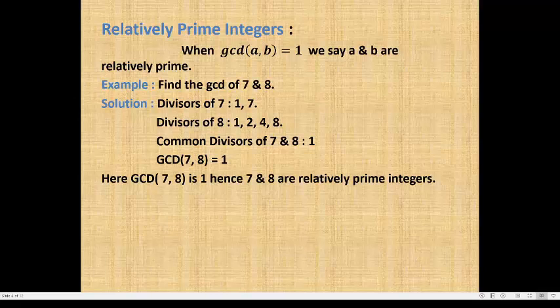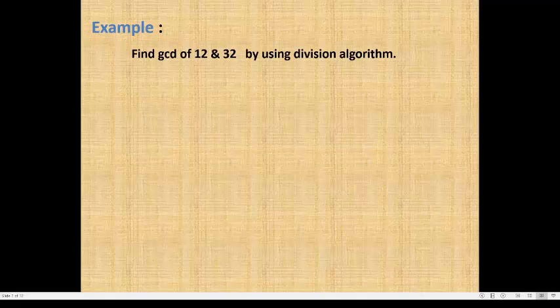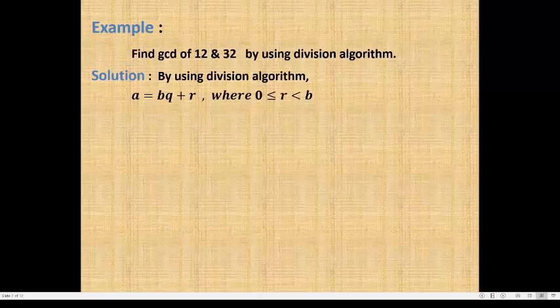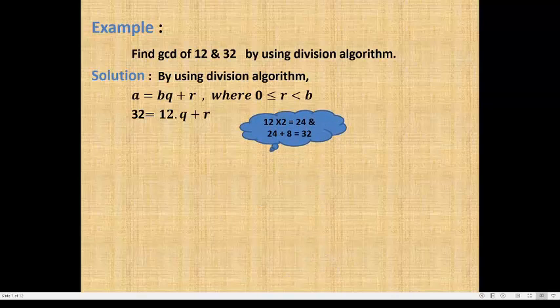Okay. Next we see some examples. Find GCD of 12 and 32 by using division algorithm. Solution: by using division algorithm, a equals b times q plus r, where 0 less than or equal to r less than b. So substitute the values here. So we get 32 equals 12 into q plus r. So 12 2s are 24 and 24 plus 8 equals 32.